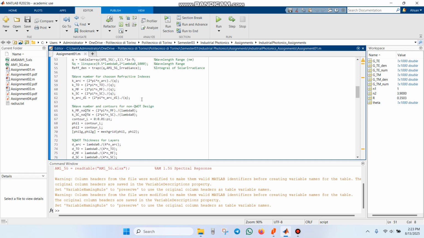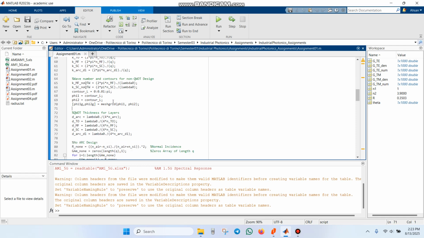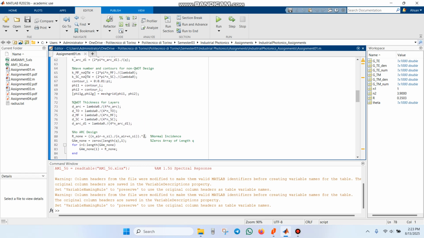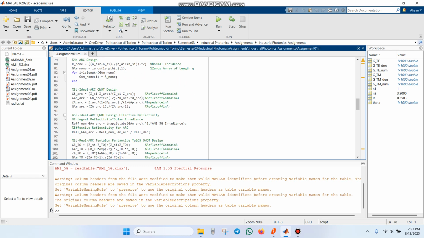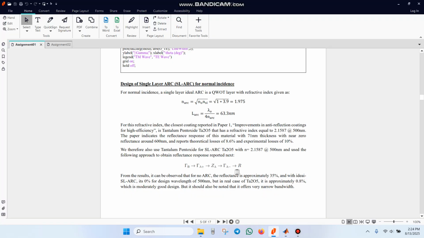And then we have the wave numbers calculation right here. Then corresponding to the wave number, these two are for the contour design of non-quarter wave optical thicknesses, and these are the quarter wave optical thicknesses right here for various layers that we have chosen. And the rest of the code basically deals with the equations of this transmission line theory that I've explained here.